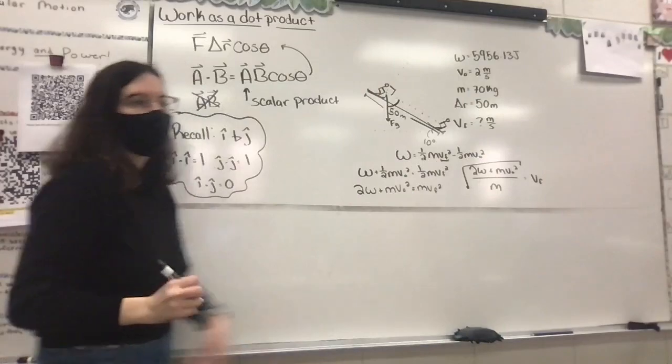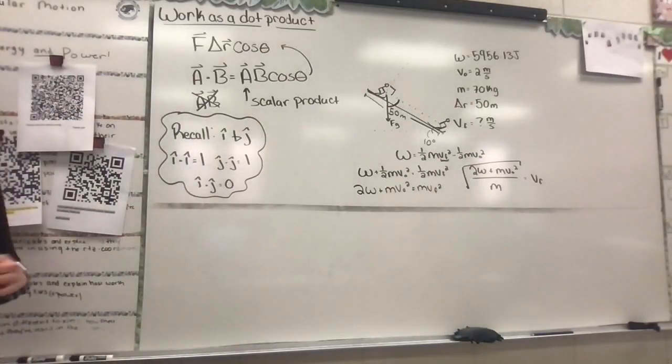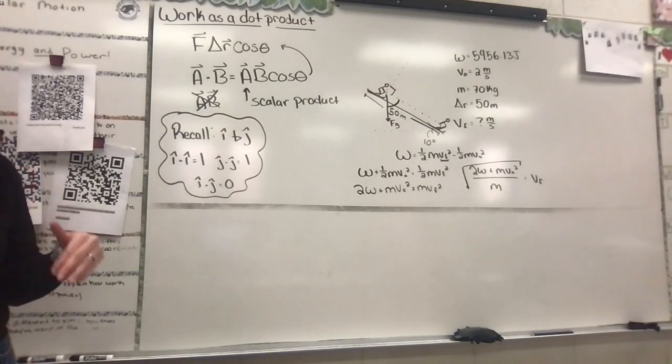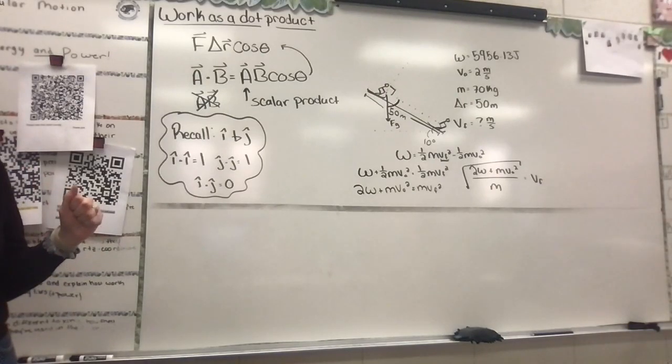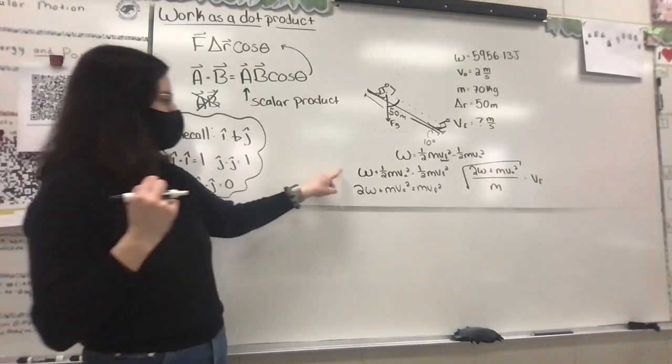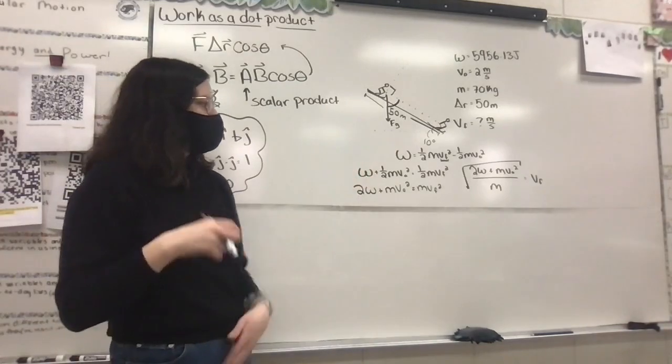There. That's what you guys want me to do, right? So what do we end up getting as our final? You're supposed to multiply everything on the top by 2.